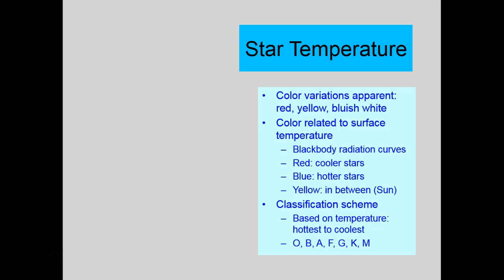I don't know. They don't follow any rhyme or reason. Then F, and then G. Our sun happens to be right there in G. And then K and M. These are the coolest stars. Again, who picked out these letters? I don't know. There has to be a reason. I just don't know what it is.